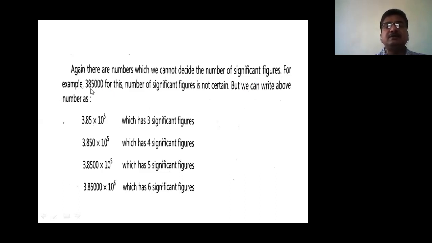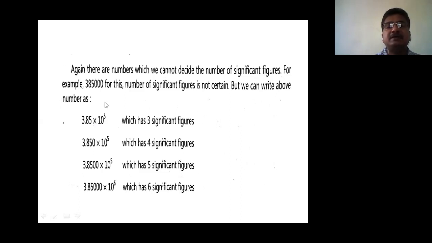We can write this number as 3.85 into 10 raised to 5, or we can write this number as 3.850 into 10 raised to 5. If we write this number in this form, then significant figures are 3. So this number has 3 significant figures.